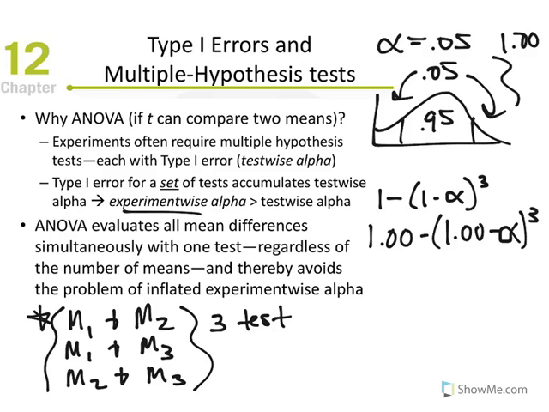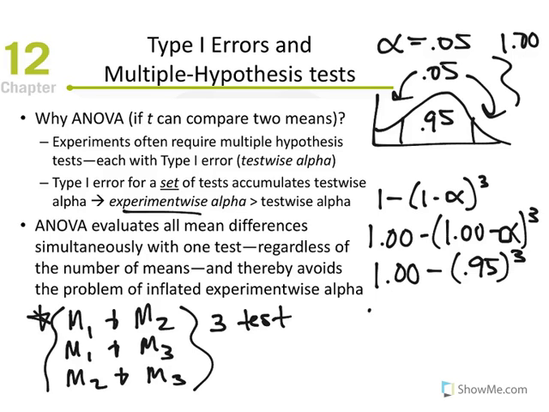So if we compute what's in the parentheses, given the scenario of alpha equal to 0.05, we would calculate 1 minus alpha, which is 0.95. We would cube that.